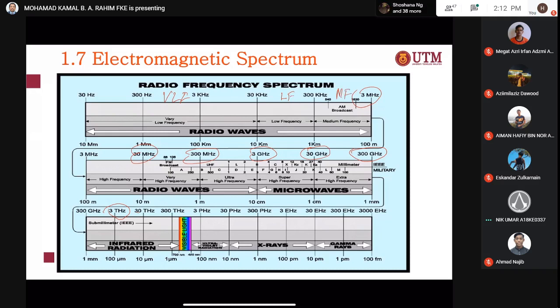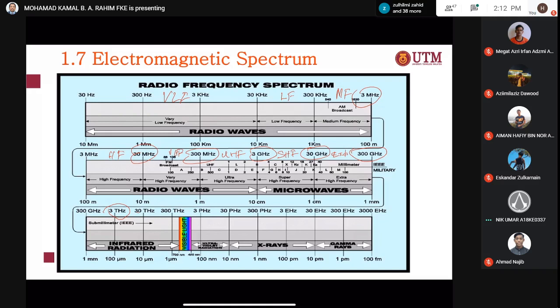From 3 megahertz to 30 megahertz, high frequency, HF. From 30 to 300 megahertz is VHF, very high frequency. From 300 megahertz to 3 gigahertz, we call it UHF. From 3 gigahertz to 30 gigahertz, they have SHF, super high frequency. 30 gigahertz to 300 gigahertz, they call extra high frequency.